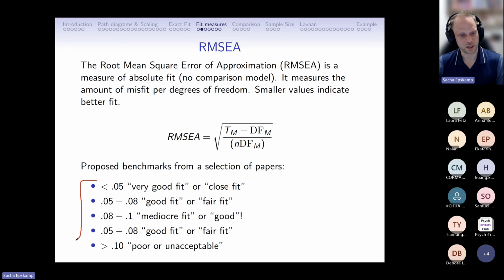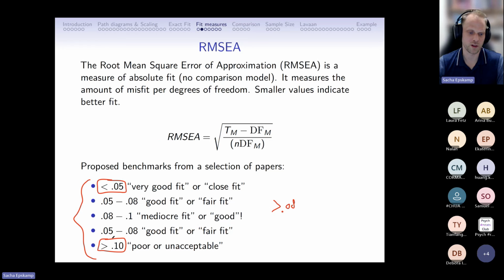And it has some interpretation. There are many different recommendations, but typically less than 0.05 is definitely considered very good fit. Above 0.10 is definitely considered very poor fit. Mostly people will say already above 0.08 is considered poor fit, but definitely above 0.10 is bad, and below 0.05 is good.